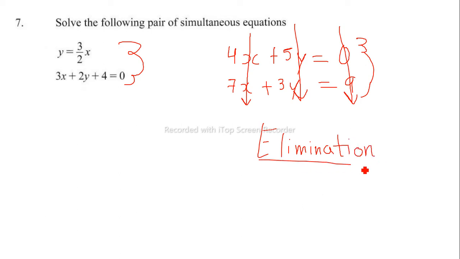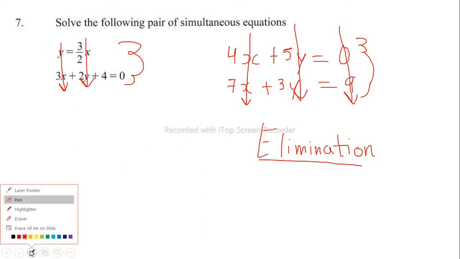Now, this one on the other hand, look at the x's and the y's. Are they lined up perfectly? No, right? This is telling us you really don't want to do elimination, because you'd have to arrange it back into order, and we don't want to do that.